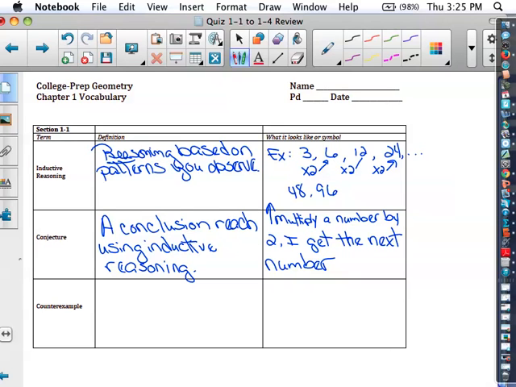Next is counterexample, and that is an example that proves a conjecture false.